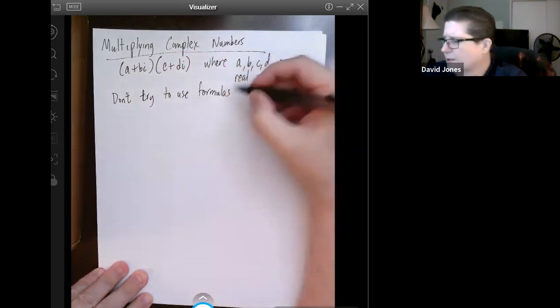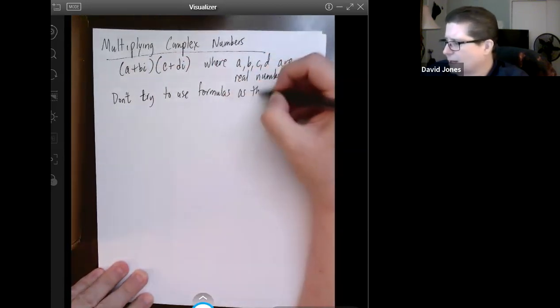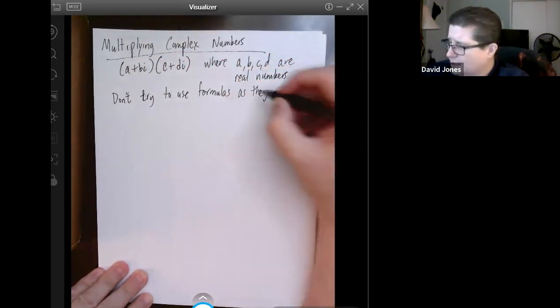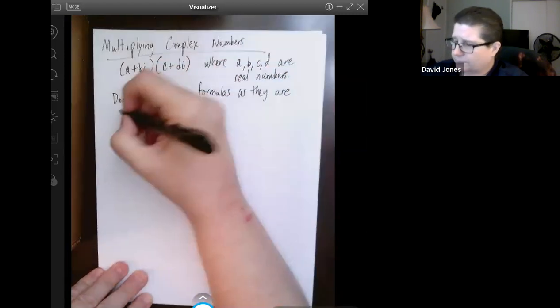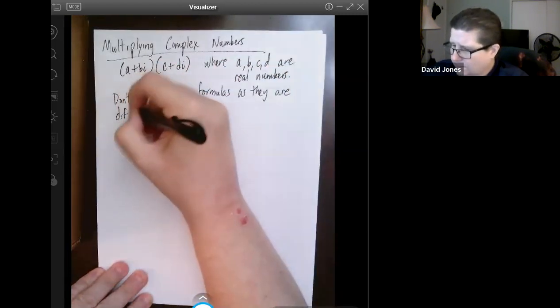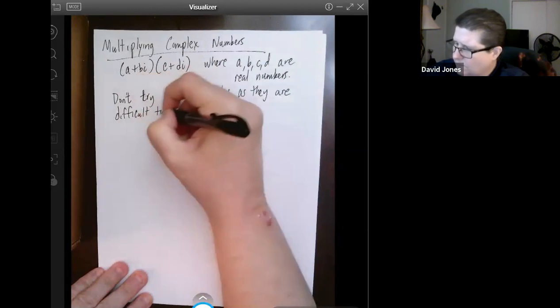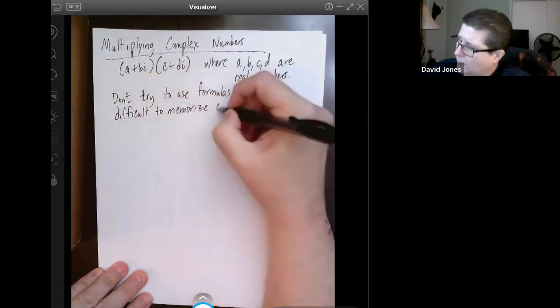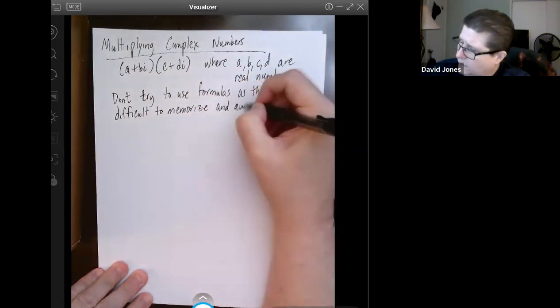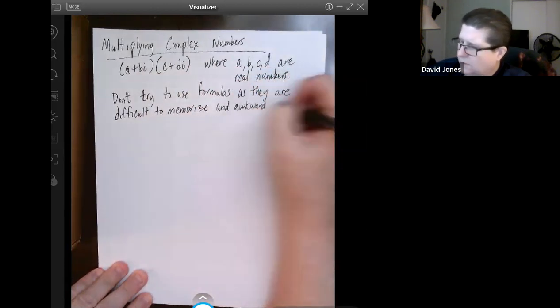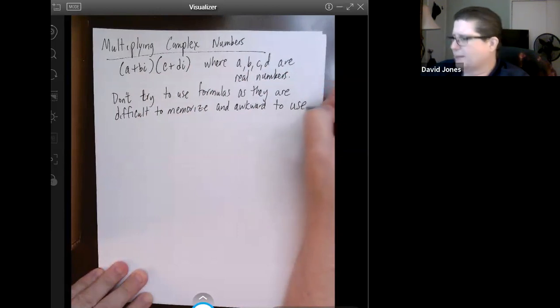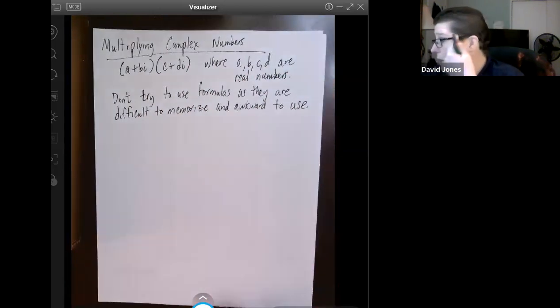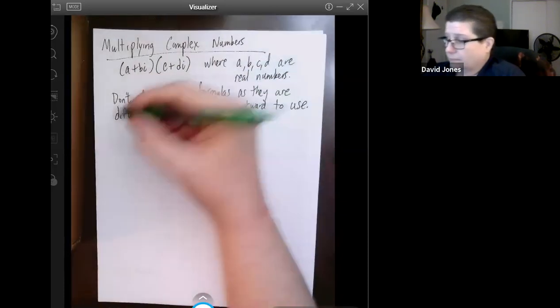Don't try to use formulas as they are difficult to memorize and awkward to use. They're really difficult. It's a pain. So let's just illustrate by example.